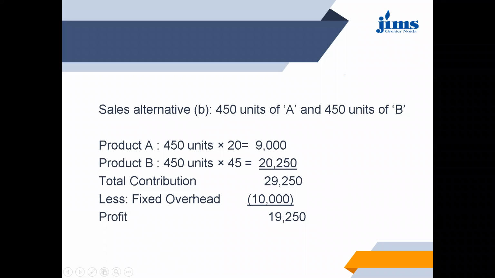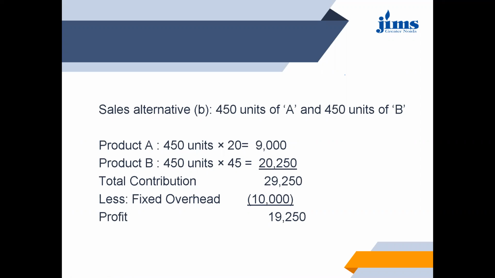Now we have to recommend which sales alternative is better. We can see that in sales alternative A, the contribution is 33,000, while in alternative B, the contribution is 29,250.